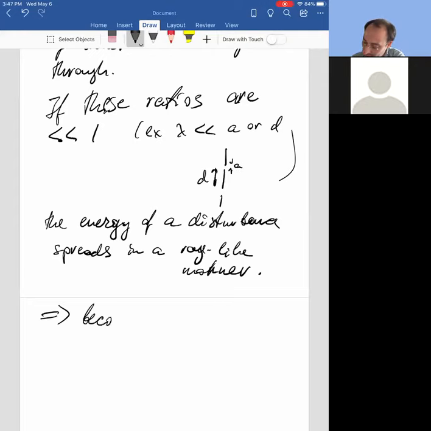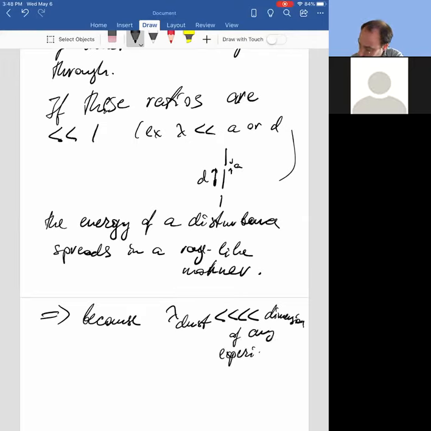Okay, so because lambda of a dust particle is much, much less than any dimensions of any experimental apparatus, it's even less than an atom.